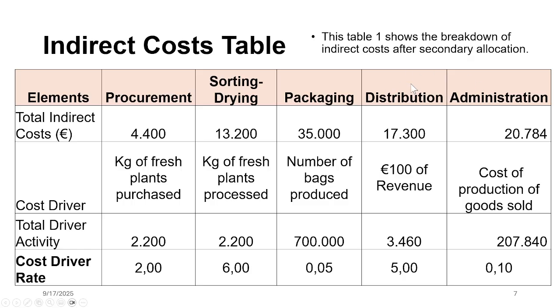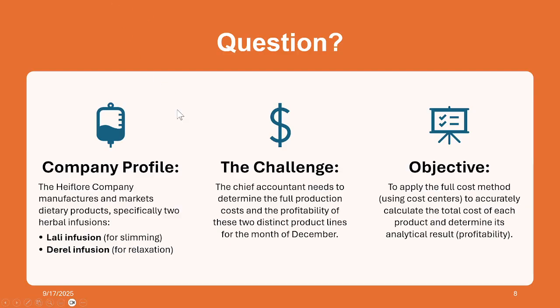And here we also have the two non-production centers, distribution and administration. So you have all the information about the total indirect cost, the cost driver, the number of driver activity, and the cost driver's rate. In this case, you don't have to calculate the indirect cost and finish the table.